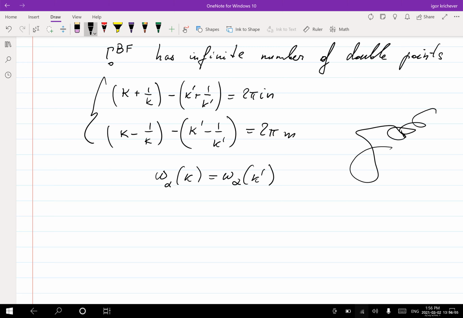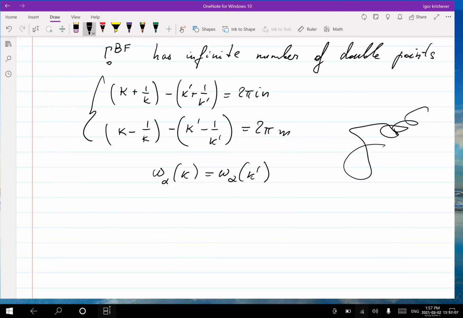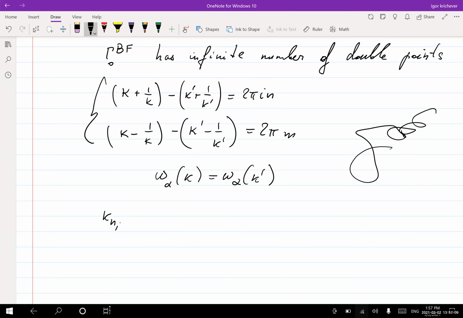But there are an infinite number of them. It's easy to solve. It looks like m plus i n over, plus or minus, radical of 1 minus 1 over m squared plus n squared.